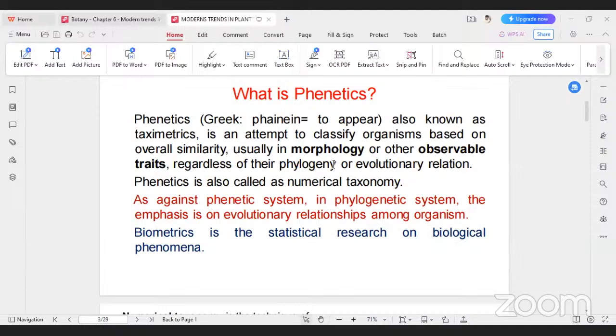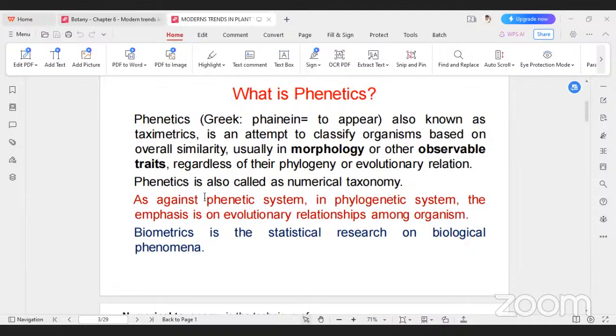So numerical taxonomy, another name phenetics. Also another name, taximetrics. It attempts to classify organisms based on overall similarity. This is important.